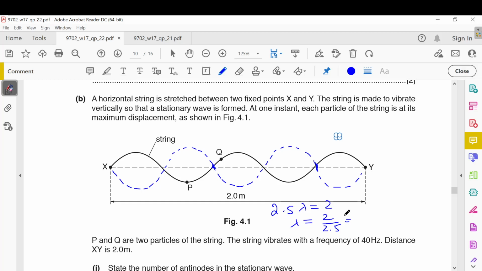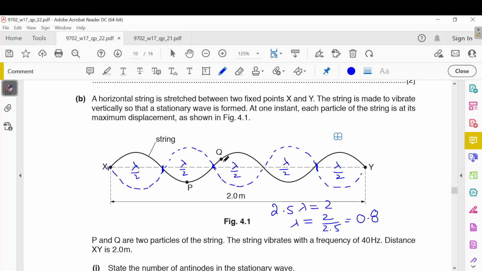That is now a calculation process. 2 over 2.5 is 0.8. How do you see that? The distance between two nodes is half a wavelength, then half a wavelength, half, and then half. So you have 5 halves, which means that you have 2.5 waves.